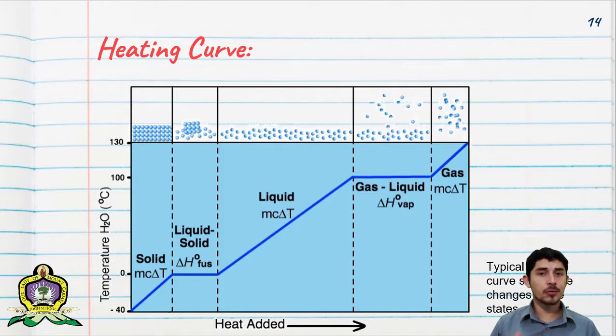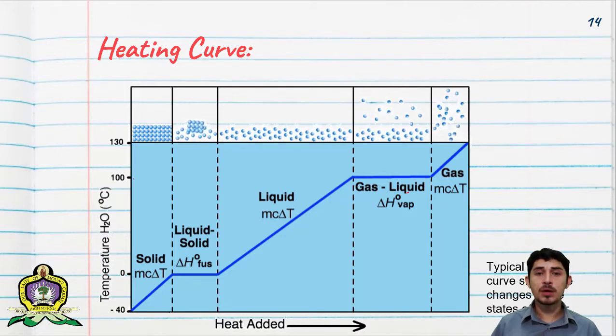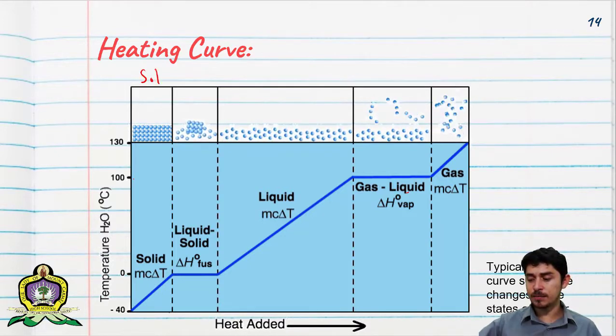Anytime we plot a graph, we normally refer to it as a curve. And in this case, we call it a heating curve because we're adding heat, okay? It means that in this curve, we're able to see how matter changes as we add heat. That's what it means. How do we know that matter is changing? Well, here we start with a solid, and we ended up with a gas.